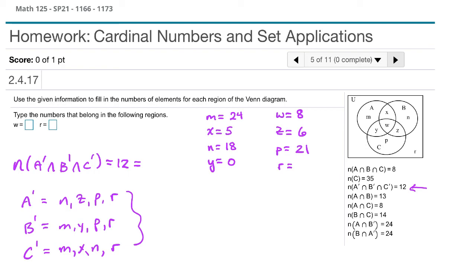N is not common, Z is not common, P is not common, and R is the only region that corresponds to all three of those sets. So the cardinality of that has to be only region R, and with that, we find that the cardinality of R is 12.